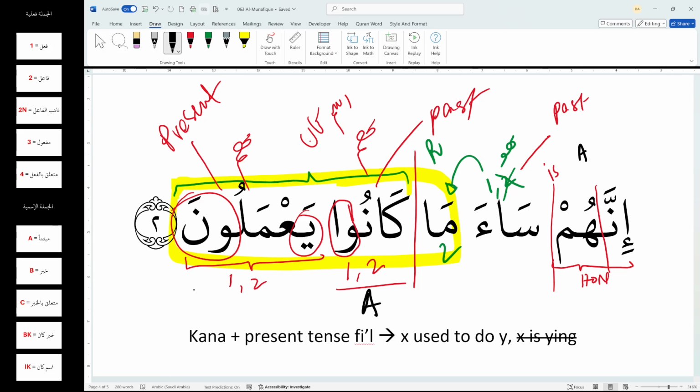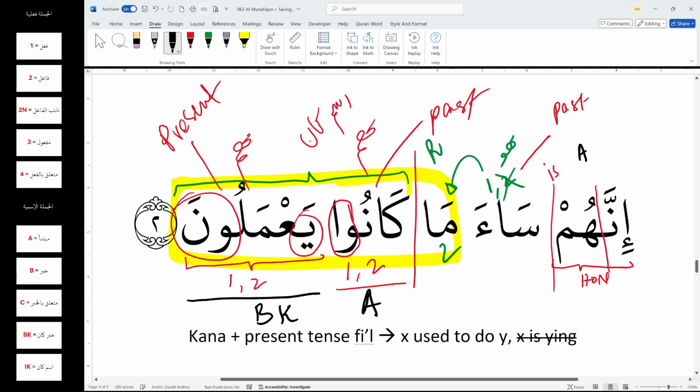Let me check. Yeah, it's BK. So khabar kana is marked as BK in your legend. I'm going to mark it as BK because kanu is a mubtada, and we still need to find khabar. We didn't find khabar. We found a fi'l. So it's going to be fi mahalli nasab.